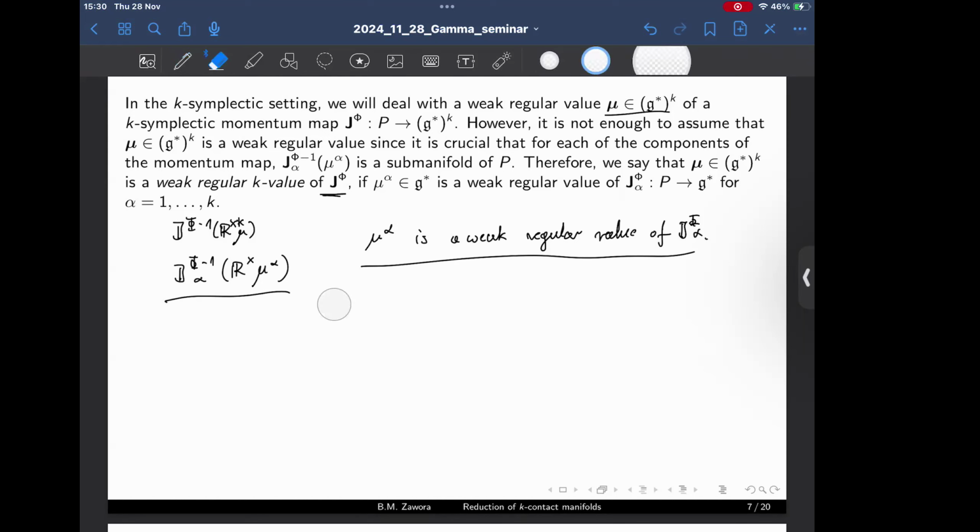And maybe let me shortly recall what a weak regular value is.